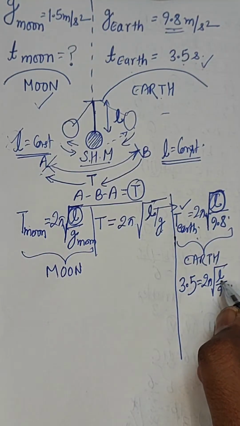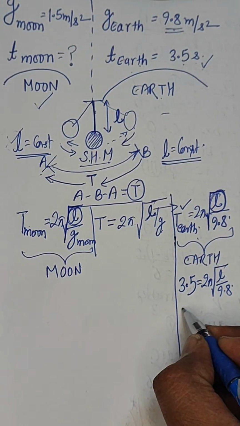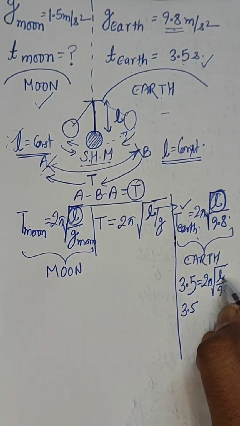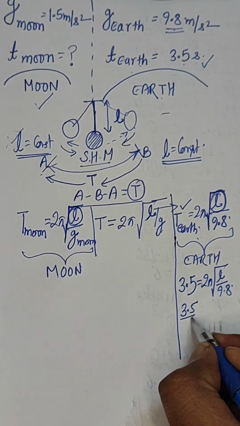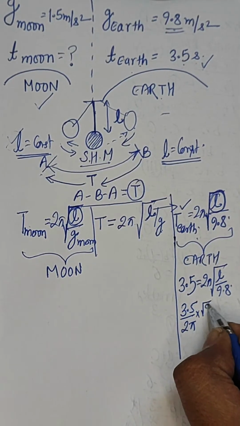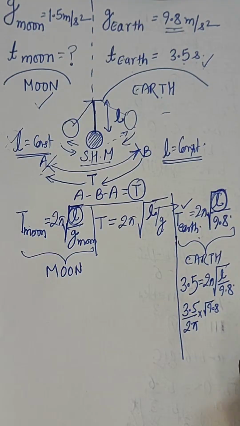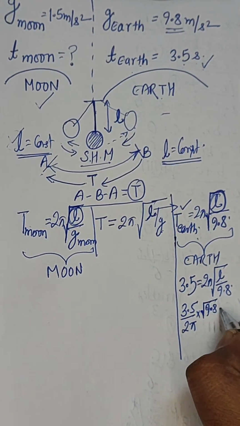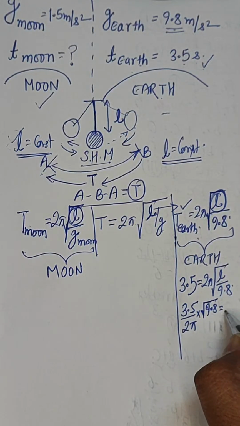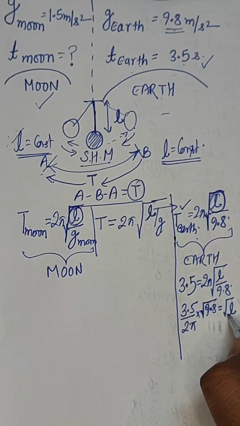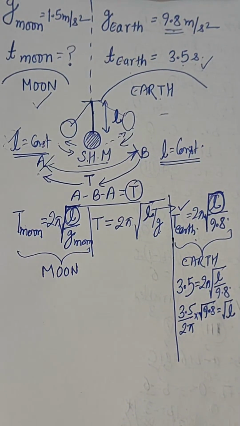In this way we can get the value of root L as 3.5 divided by 2 pi into root 9.8. This is the value of root L.